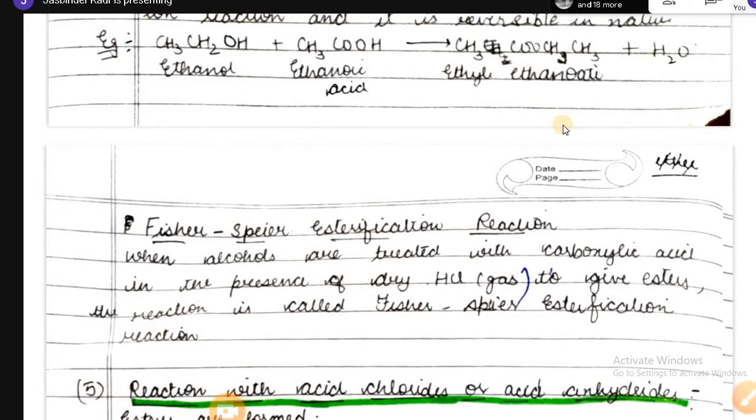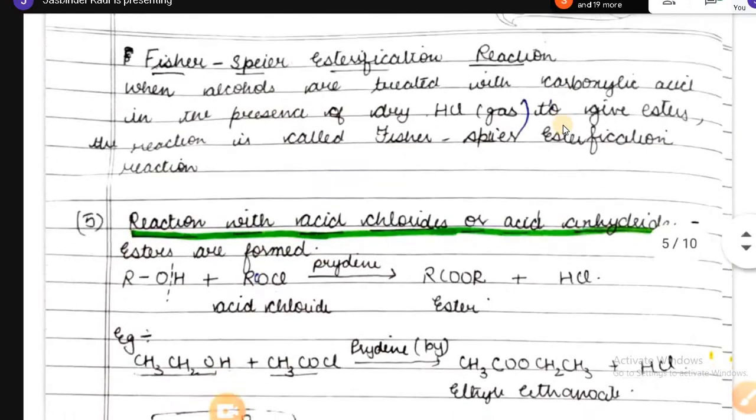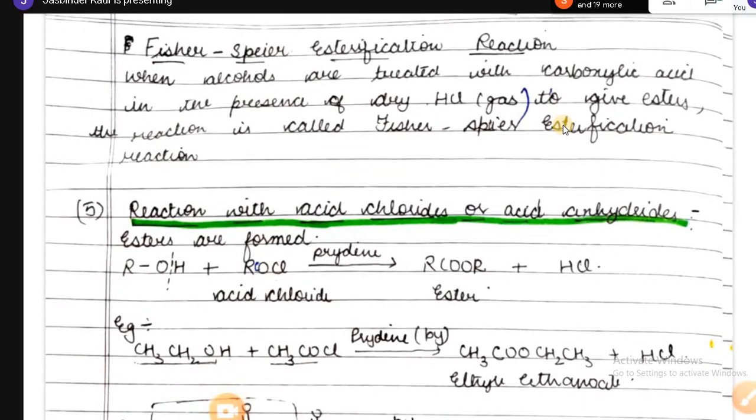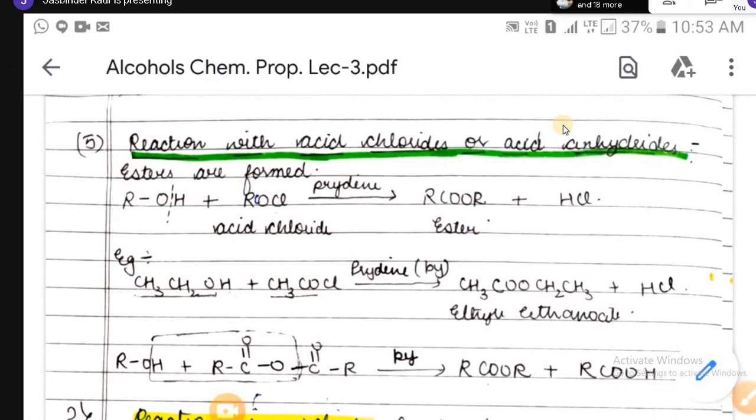Okay. Then is reaction with acid chlorides or acid anhydrides. As we already know, if alcohol is treated with carboxylic acid or any of the derivatives of carboxylic acid, then always ester is formed. So similarly, if it is acid chloride with alcohol, we get ester plus HCl.